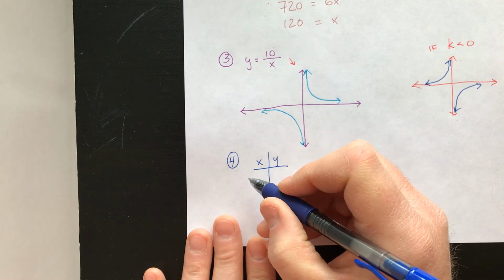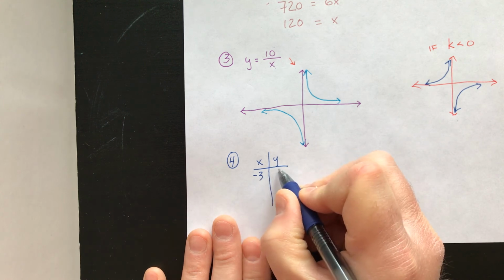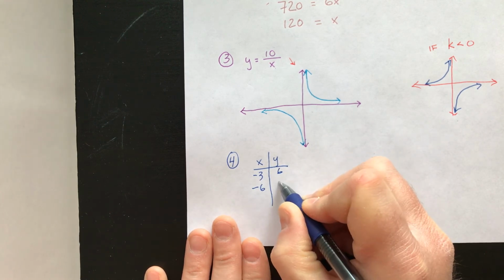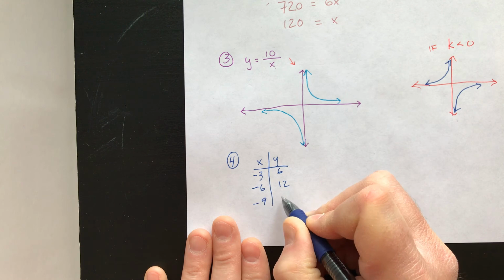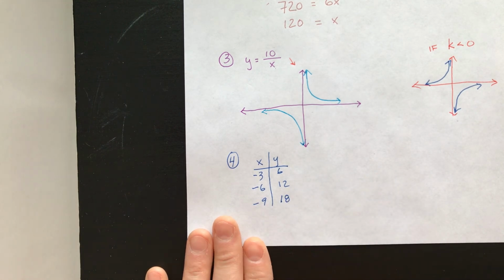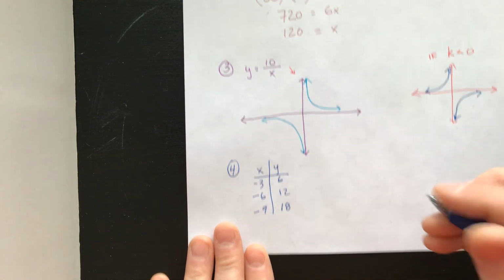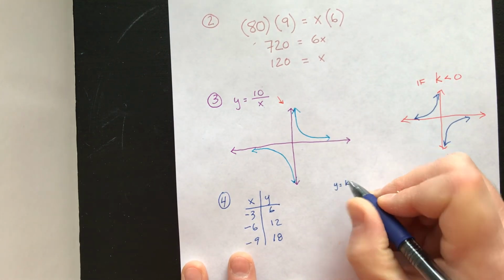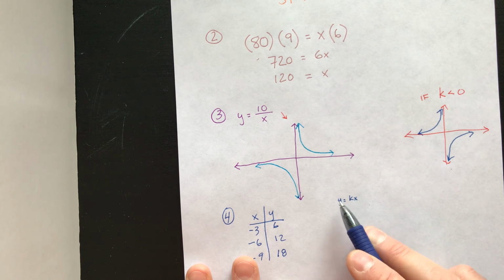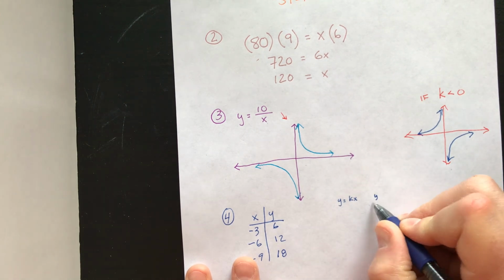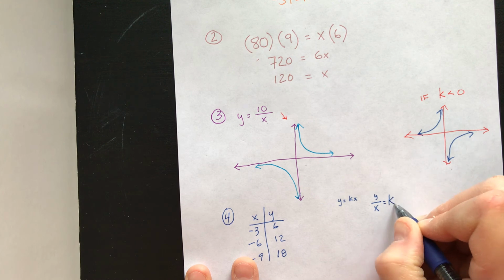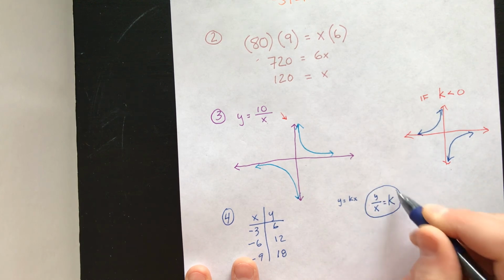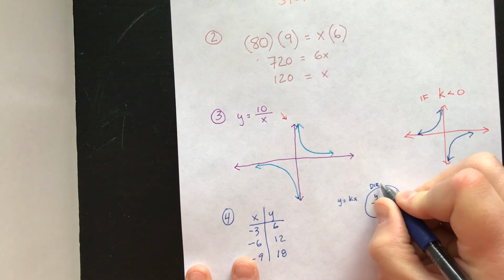And we have -3, 6, -6, 12, -9, 18. So remember, direct variation, we had y is equal to k times x. This is direct variation. This is inverse variation. So y over x is equal to k. So we need to check this, this is our direct variation.